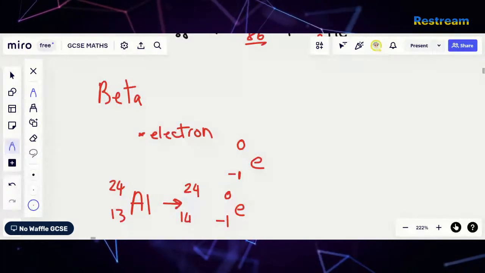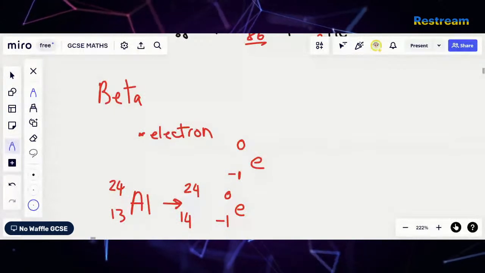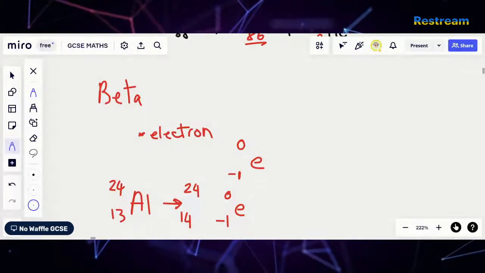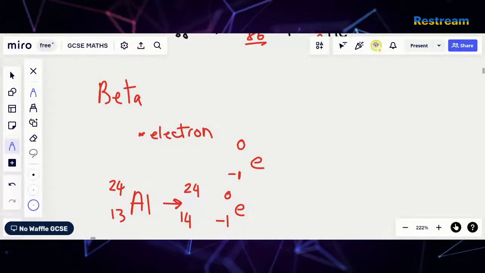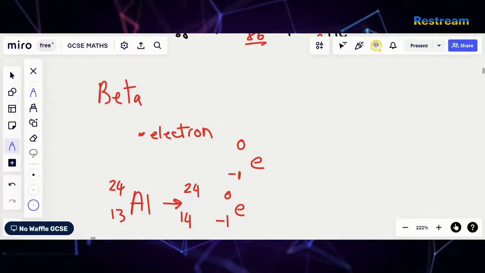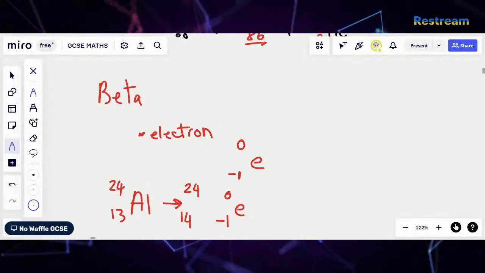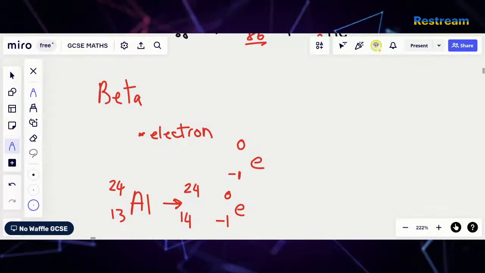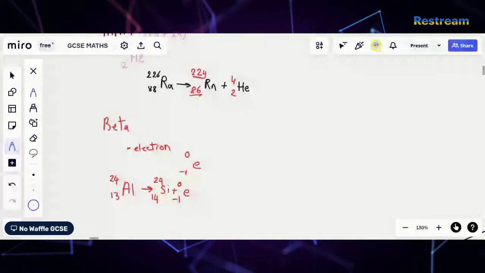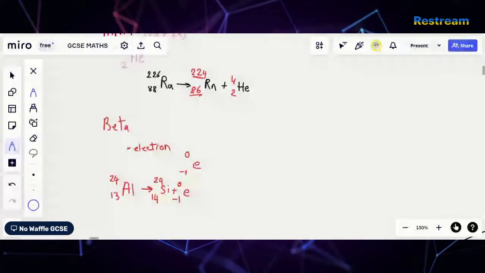Don't say decrease, it will increase, because if you're adding an electron, then that means that you have an extra atomic number, and therefore you get silicon. Hopefully that makes sense. Please put it in the chat and I will help you out there.